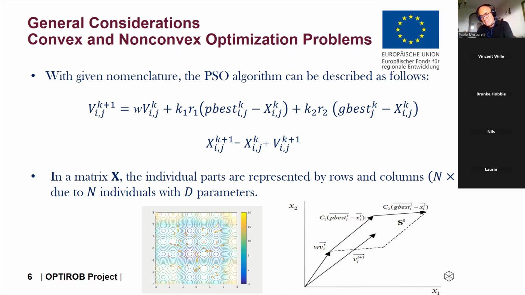D is the dimension of the columns, which represents the dimension of the problem. In some books, we say that the dimension of the problem is the dimension of the matrix. We can say so also, because this swarm, as I told you, is characterized by rows and columns.